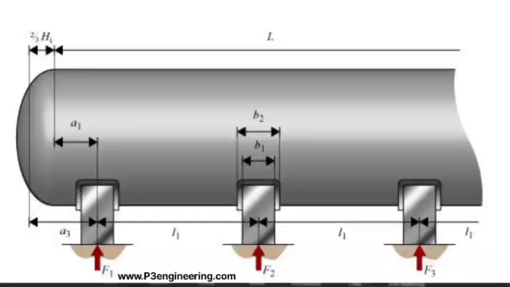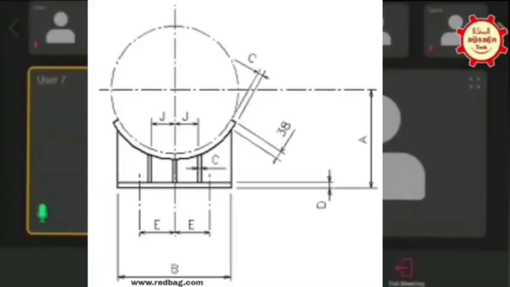The thing with 3 saddles is there is a criteria for saddle sinking. Assume one of the saddles might sink even 2 mm down. The weight distribution would become uneven and the saddle would fail.